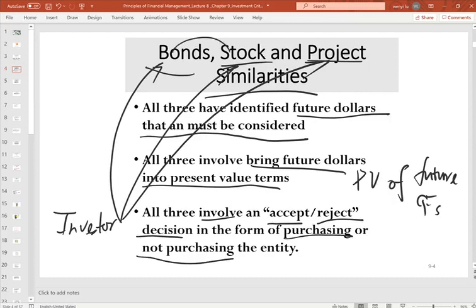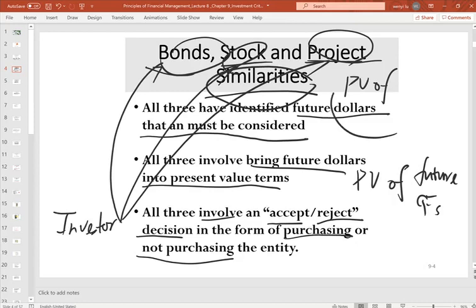If the bond offers you more in coupons and face value compared with the price you pay, you will accept and purchase this bond. Same thing for the stock and the projects. You must compare the PV of the future cash flows with the initial cost, to see which is bigger, and make a decision.